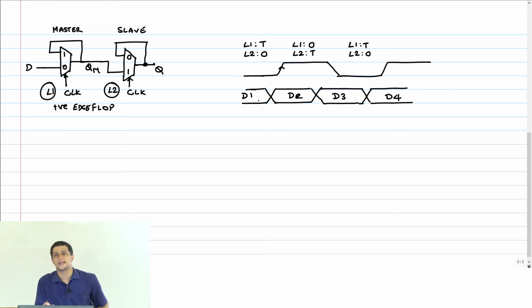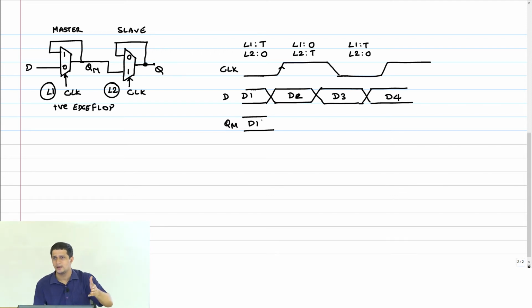So what we want to now see is, how is it that we are able to put two level sensitive latches and still make it an edge triggered flop. Okay, so let's see what happens to D1. D1 is changing in the 0 cycle, during which L1 is transparent. That means any change in D will go through or percolate to QM, the output of this thing. So QM, we can safely say, is D1.